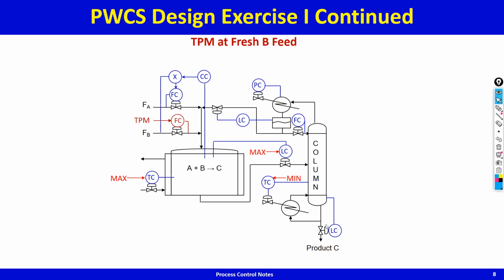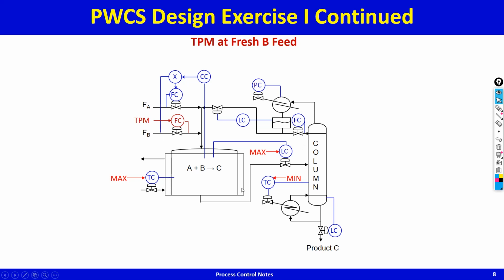So to minimize free product giveaway, the composition of the product should be at the minimum guarantee for the customer. That is what determines the set point of the temperature controller, and that is what this minimum here indicates.